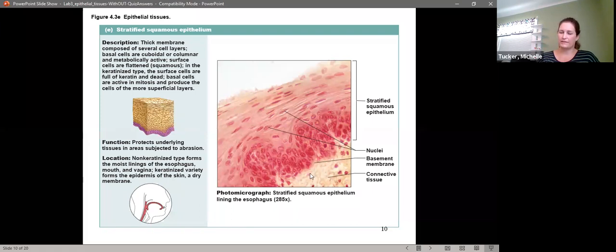So this underlying tissue is wavy, which creates an increase in surface area, which is helpful for the diffusion of oxygen and nutrients. Because, as you're about to find out, epithelial tissues are all avascular, meaning they do not have their own blood supply.